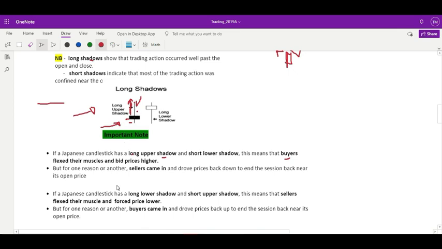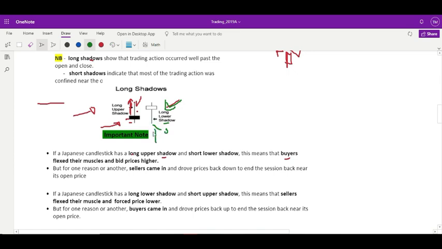So what is the opposite? If it's a red candlestick, like here, with a long lower shadow and a shorter upper shadow, it means that sellers flex their muscle, right? It opened here at maybe $1.15, then the price was pushed down to maybe 80 cents.